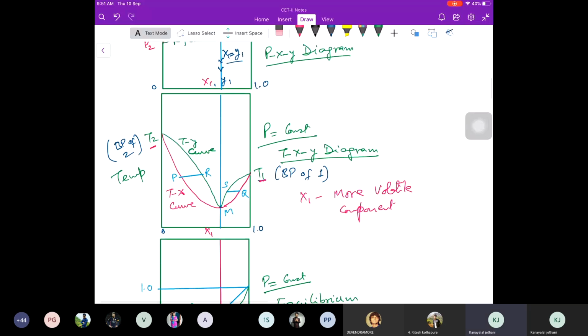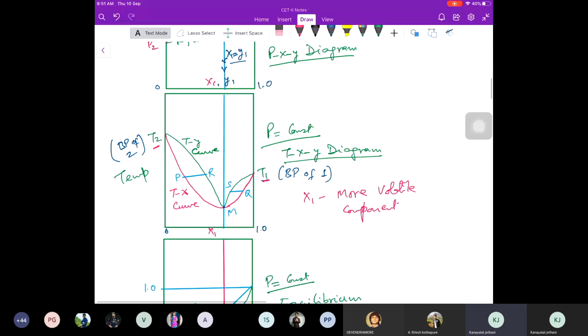ठीक? यहाँ पर दोनों curve, TX curve and TY curve दोनों merge हो रहे हैं यहाँ पर. So temperature of the liquid and vapor is same, and you'll get at this point an azeotrope which is boiling at a temperature below that of pure component 1 and pure component 2.